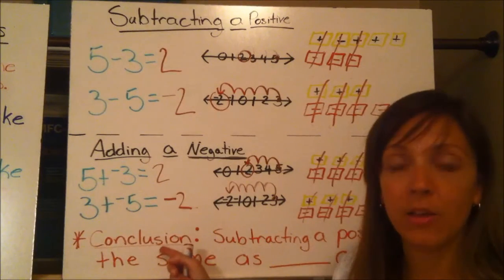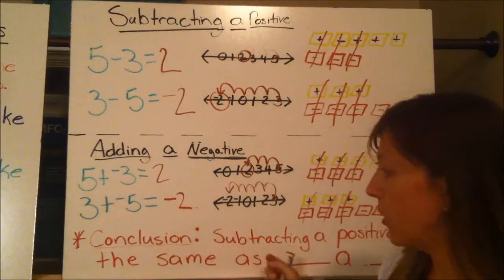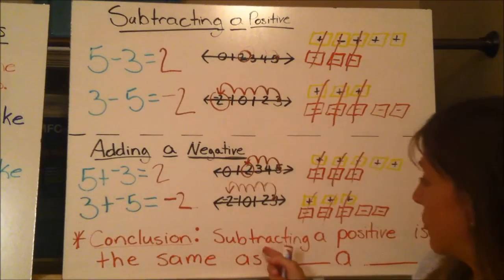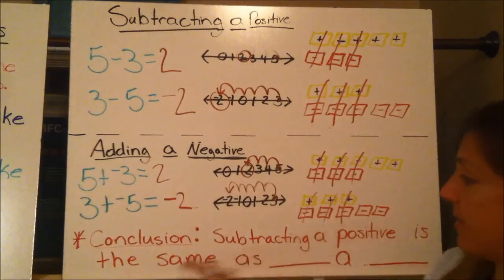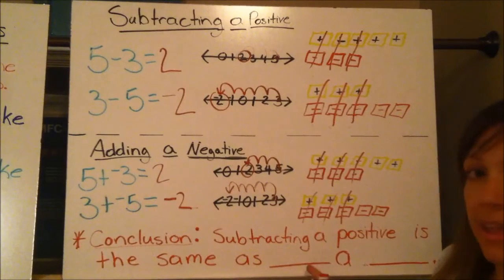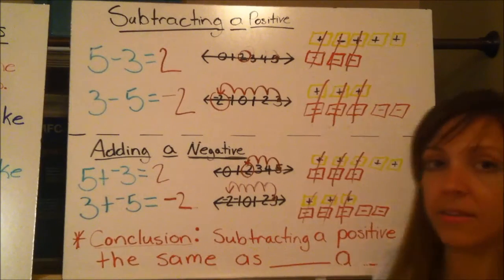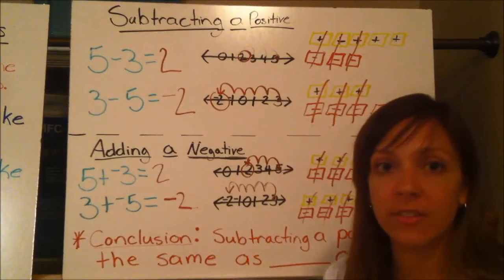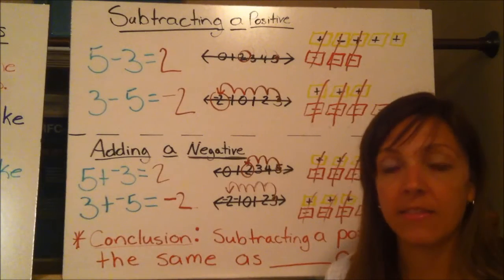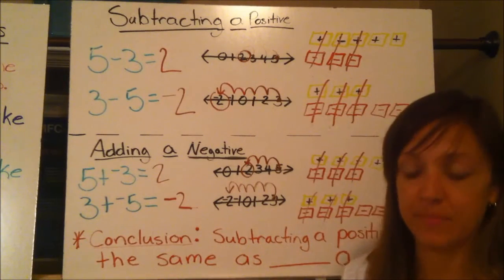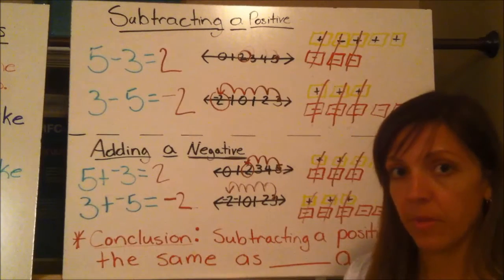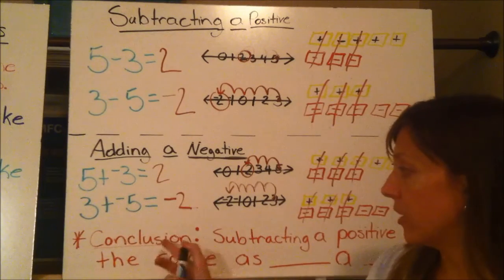We're going to make a conclusion here, and I want you to fill in these blanks. Subtracting a positive is the same as blank a blank. Pause the camera for just a second and fill in those two blanks. Okay. Conclusion.